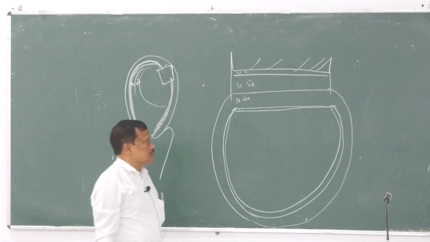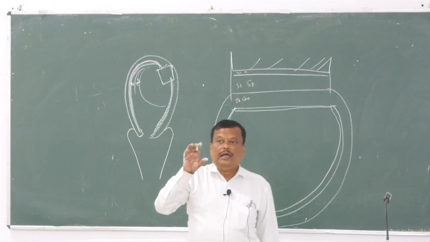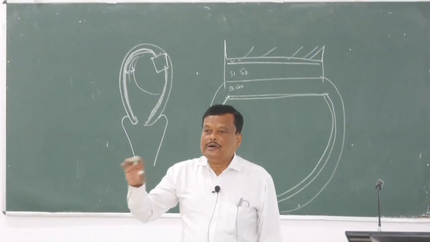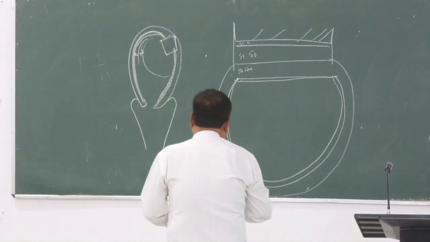This is the blastocyst, and the blastocyst has now divided into two parts. One is known as the inner cell mass.